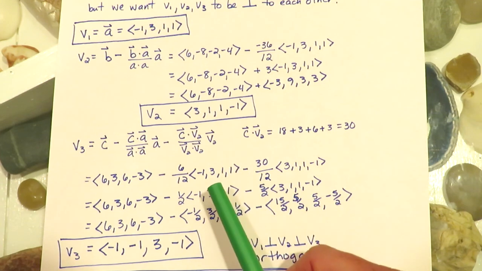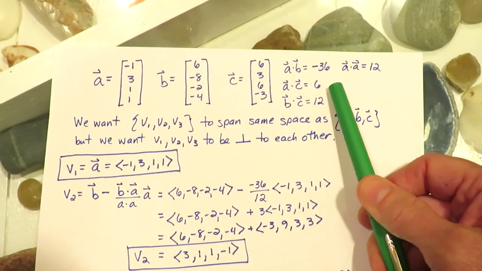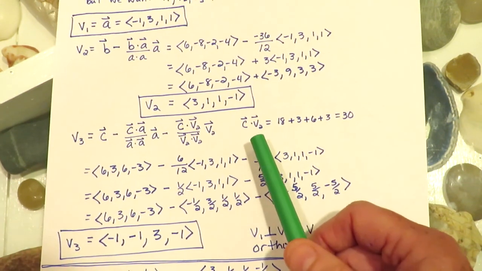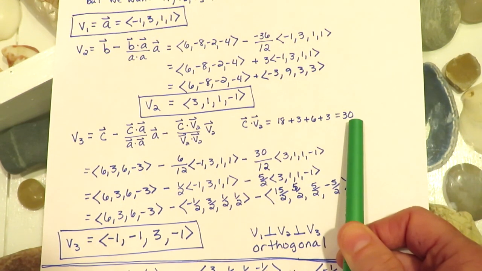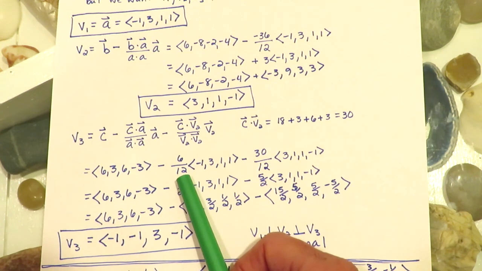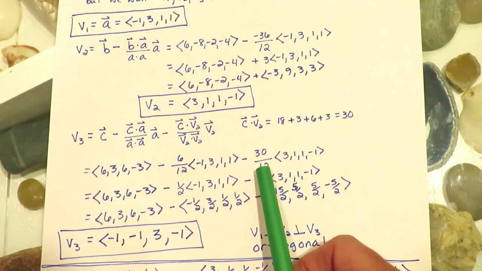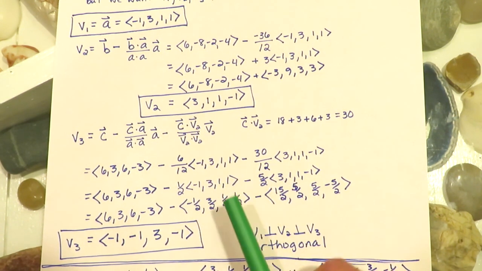So C dotted with A was 6, and C dotted with the new vector that we just found is 30. And A dotted with itself is still 12, and my new vector dotted with itself is also 12, because we've got these combinations of 1s and 3s.